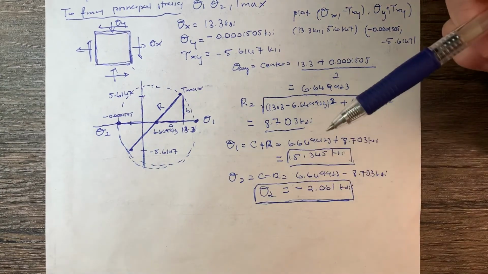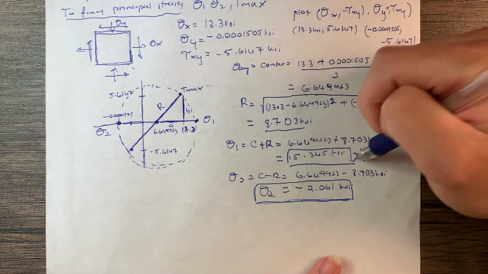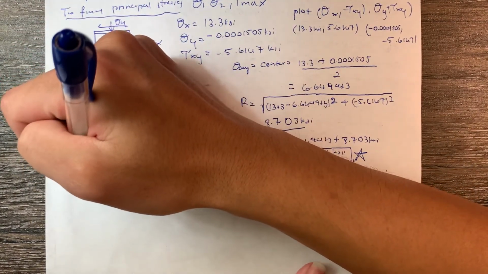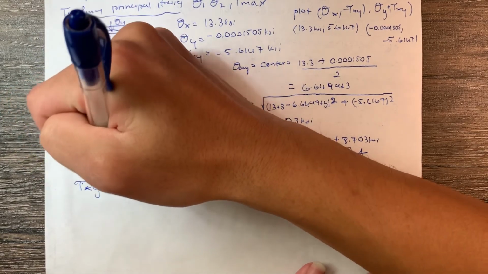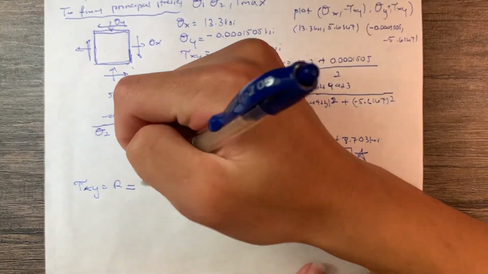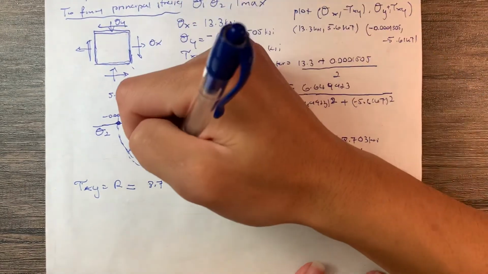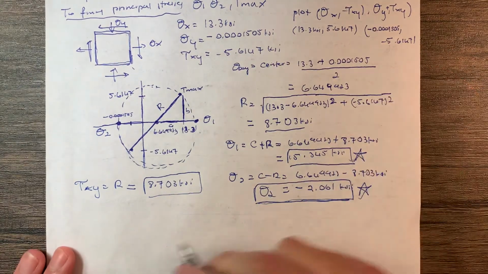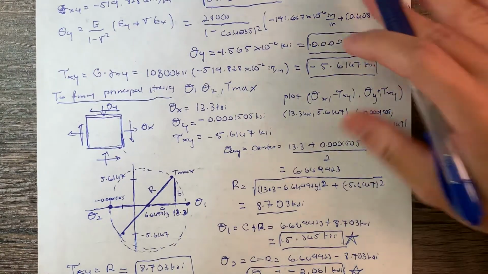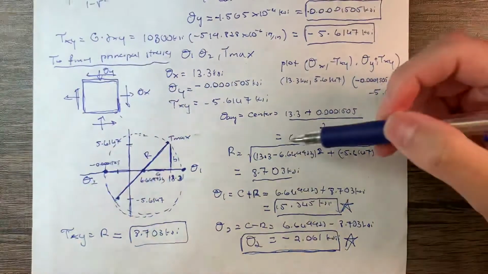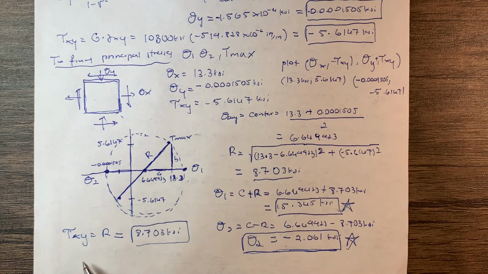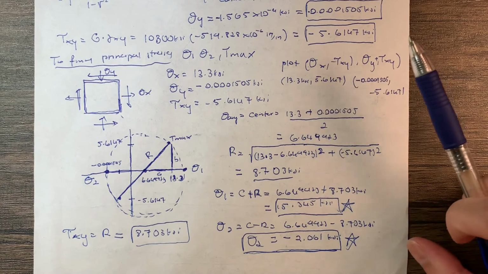So these two values are reasonable. And tau max is the radius of Mohr's circle, so it's 8.703 KSI. So we have found sigma 1, the principal stress, and the maximum shear stress.